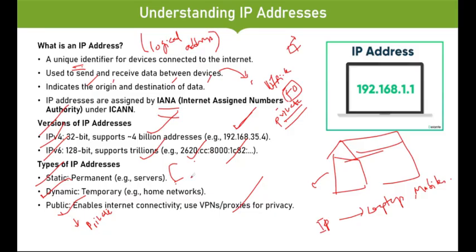If they want to send any data using the LAN, they can use these IP addresses. Also, if you want to hide your IP, you can connect to these private IPs.